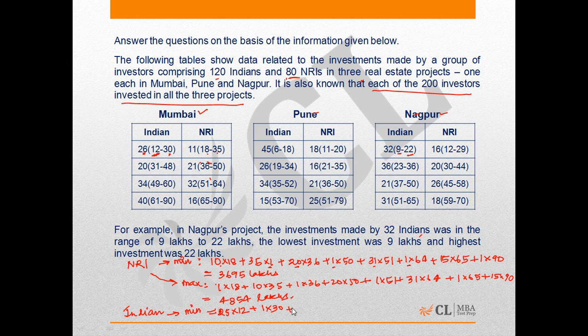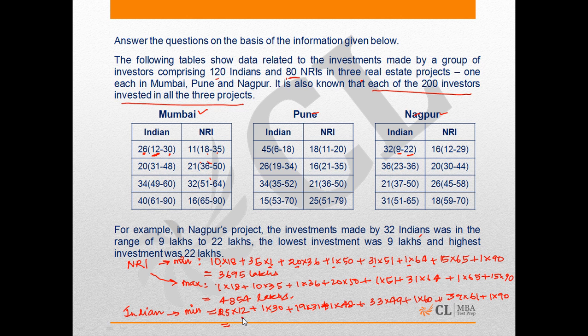Similarly, 19 people making 31 lakhs and just one person making 48. Similarly, 33 people making 49 and just one person making 60. And then 39 people making 61 lakhs of investment and one person making an investment of 90 lakhs.